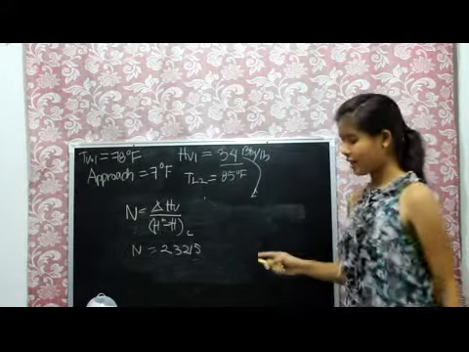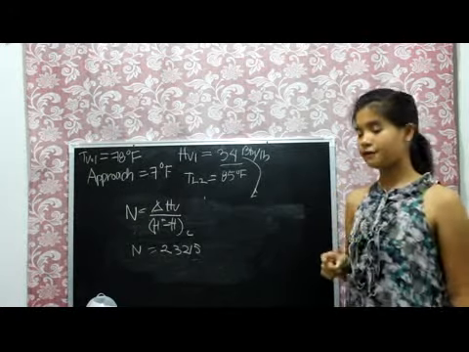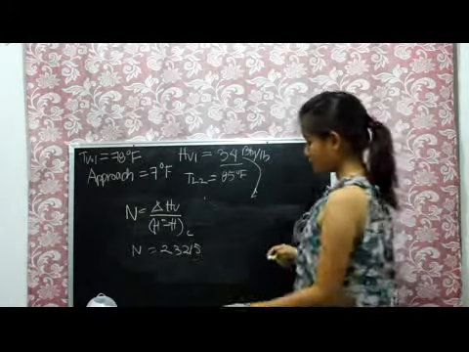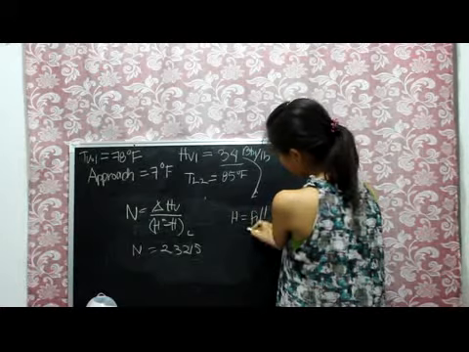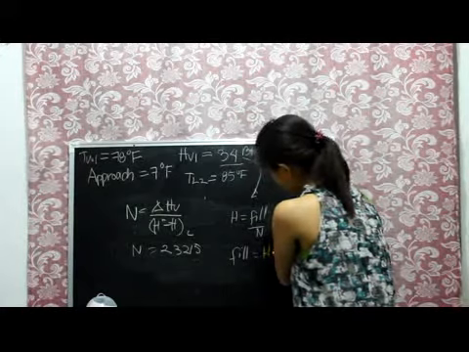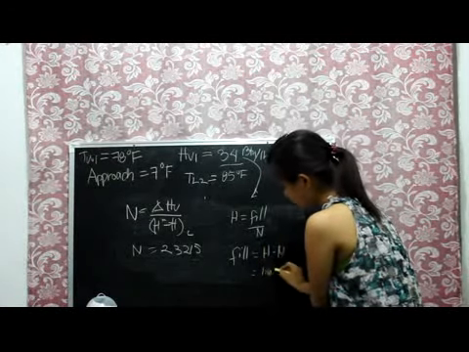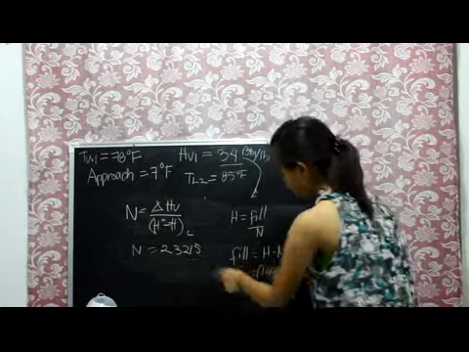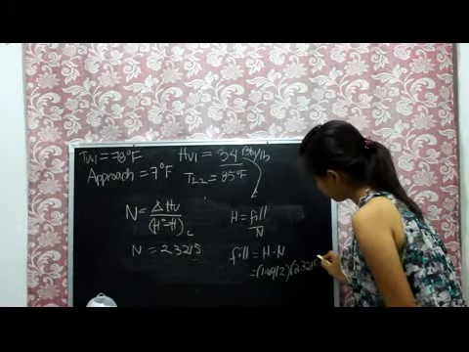And using n and the initial height that we have computed before, we could get the height of fill, because h is equal to fill over n. Therefore, fill is equal to h times n. h is equal to 1.6912 multiplied with the value of n, 2.3215.